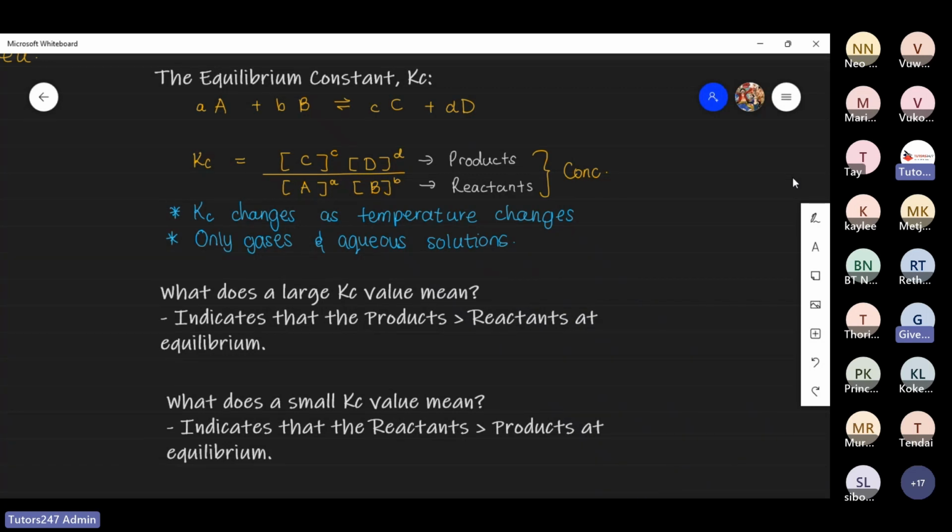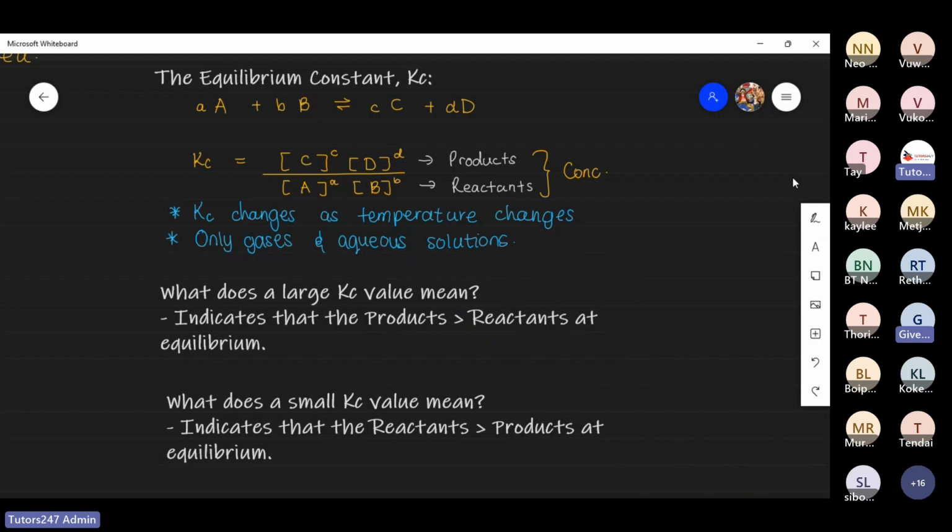So keep that in mind. The Kc equation will only accept gases and aqueous solutions. Okay, so there's two important notes. Kc changes as temperature changes, and only substitute gases and aqueous solutions.